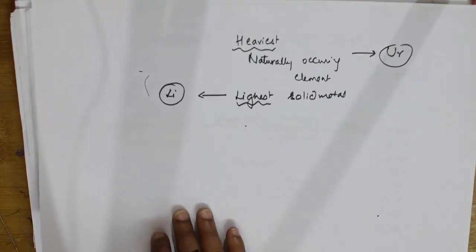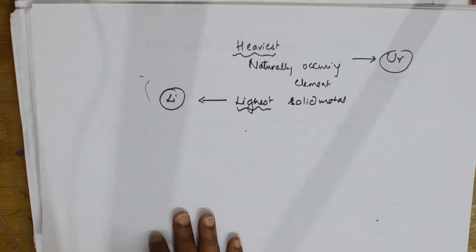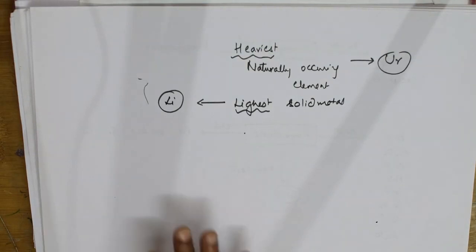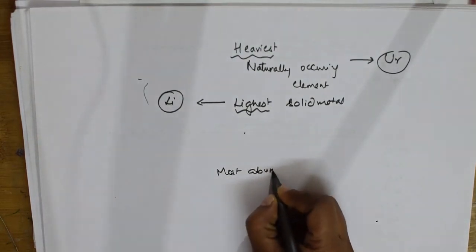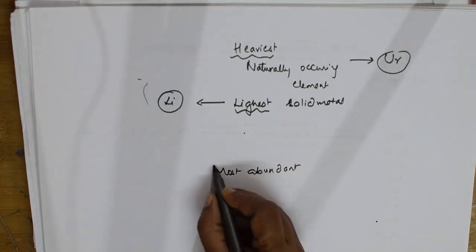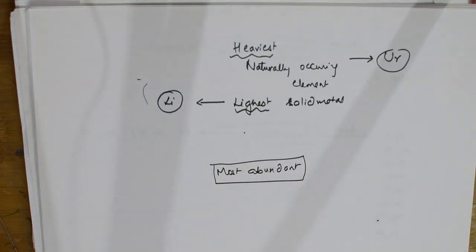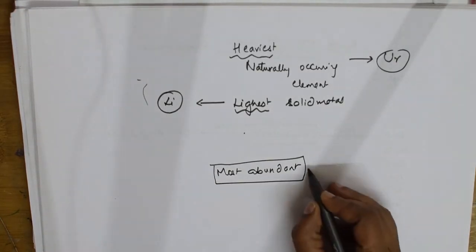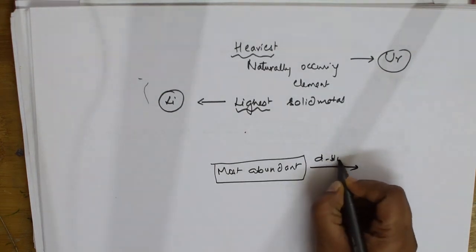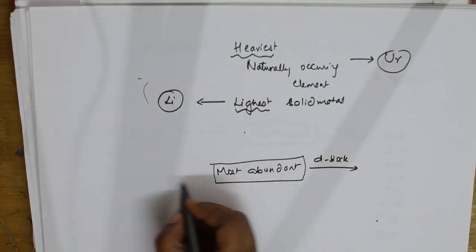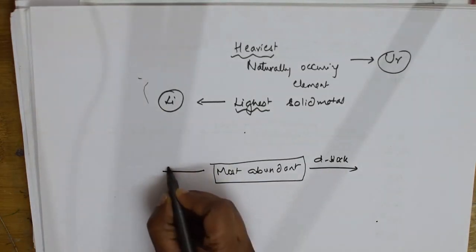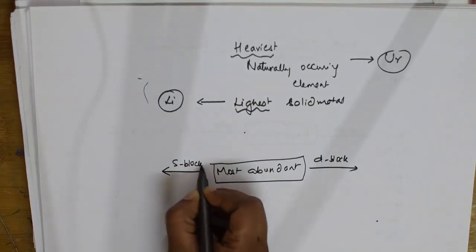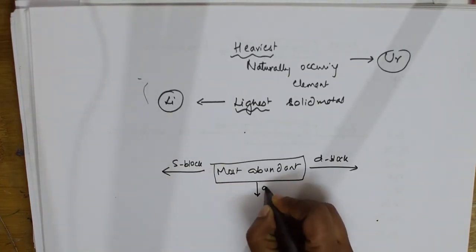Now I'll slowly go into a category like most abundant. We have written abundant, now we will write most abundant. When I take most abundant, I'm talking about the periodic table now. So, most abundant in the periodic table, in S block, D block, like that we will write. I'll also teach you the most abundant gas in nature.